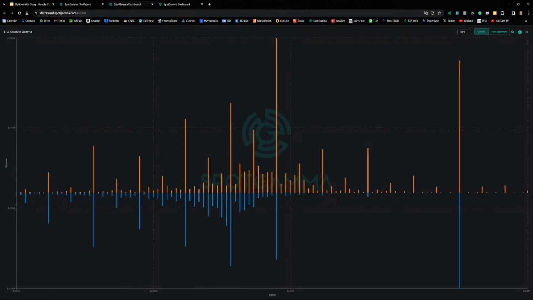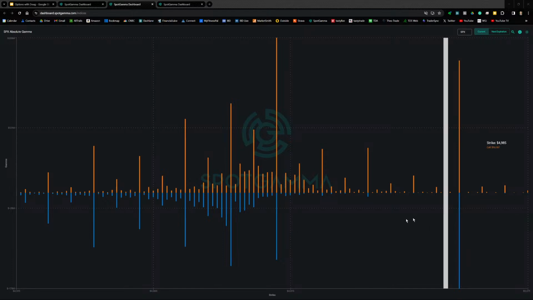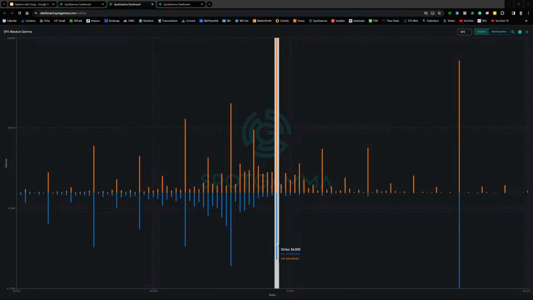So what this is showing is market makers' gamma notional. Calls shown with orange, positive gamma, and blue is showing puts, negative gamma. Right, so this is the 4,800 level.